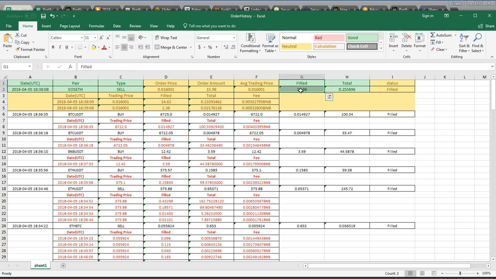Then this tells me filled. I sold 15.98 EOS coins, totaling 0.255696 Ethereum. So again, I'm selling my EOS coins to buy Ethereum.